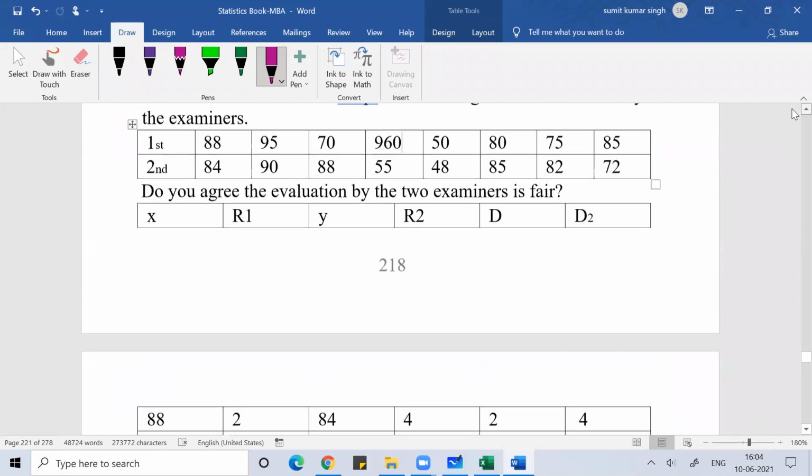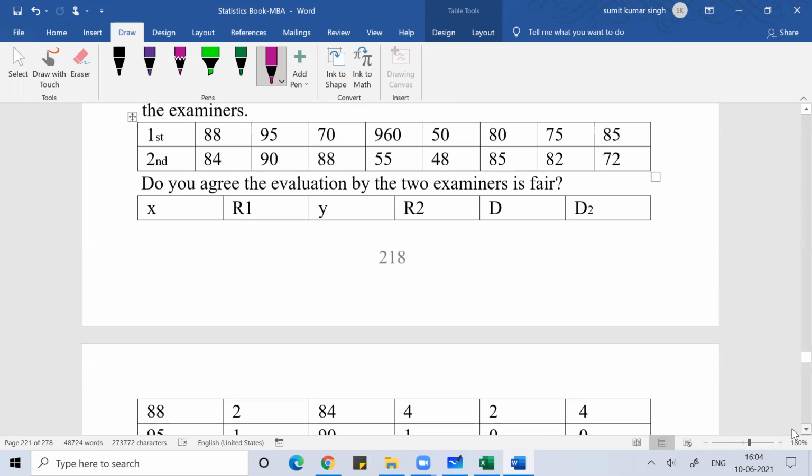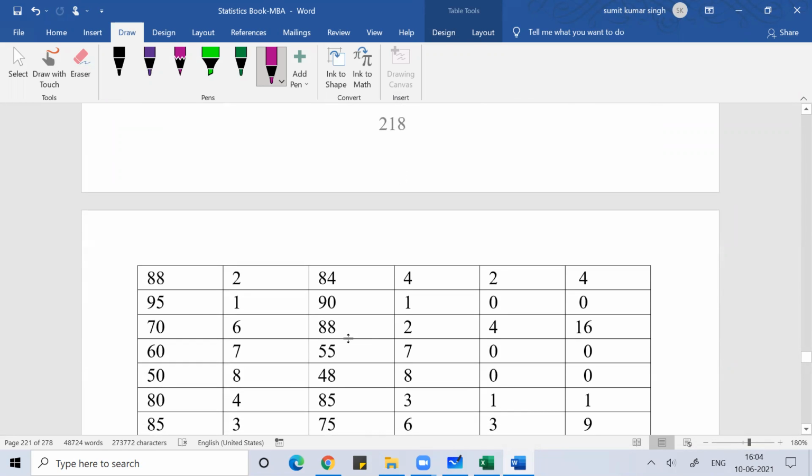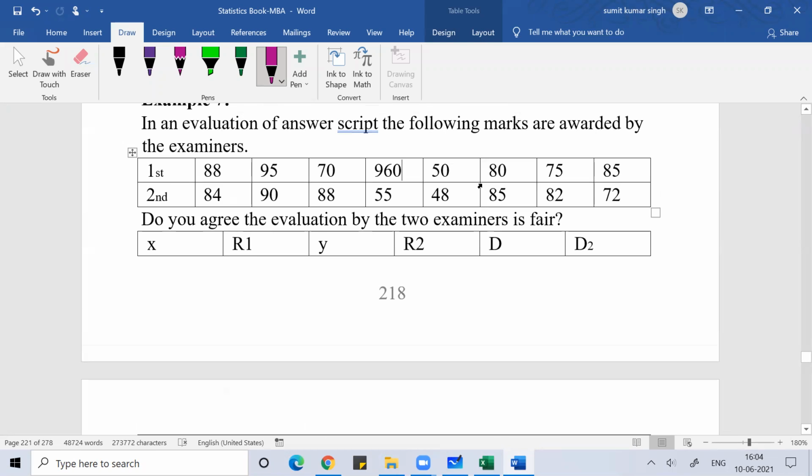One minute. 88, then 95, 70, then there is a 60. Here it is 50. Guys, this is 60, sorry.